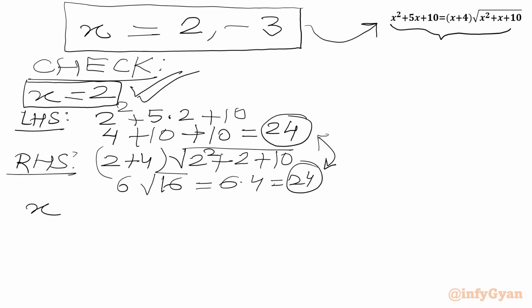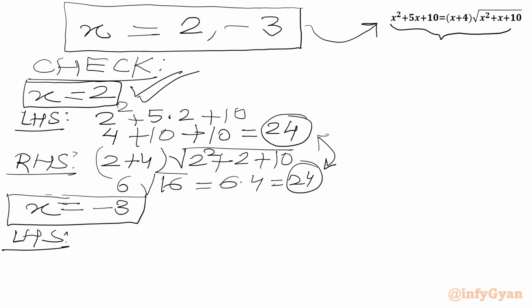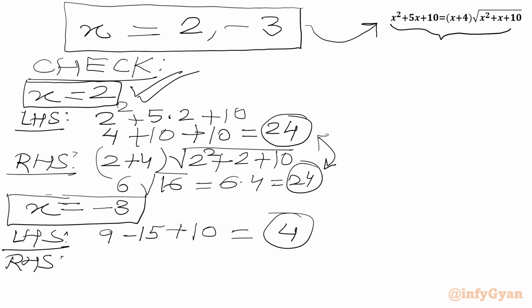Now we will check x equal to negative 3. We'll begin with LHS. LHS is x square plus 5x plus 10. So I can write minus 3 square is 9. 5 times minus 3 is minus 15, plus 10. So 19 minus 15 is 4. LHS is 4 for x equal to minus 3. RHS will be equal to x plus 4.